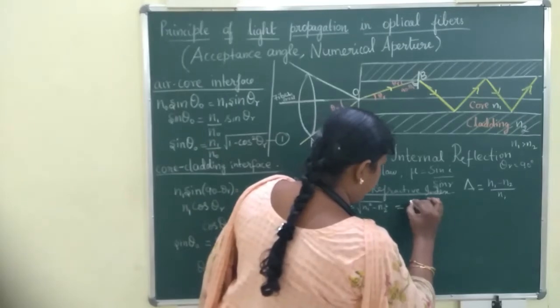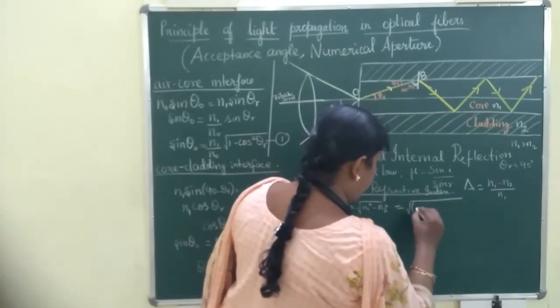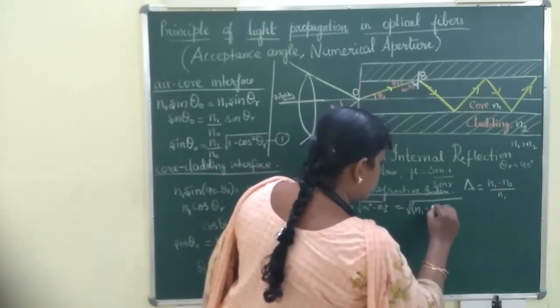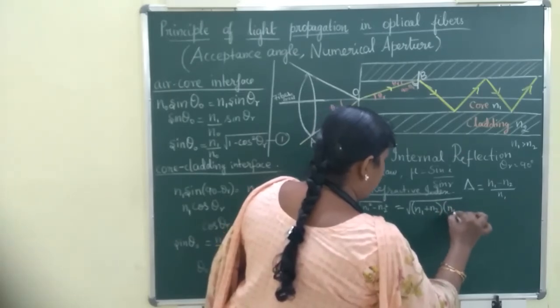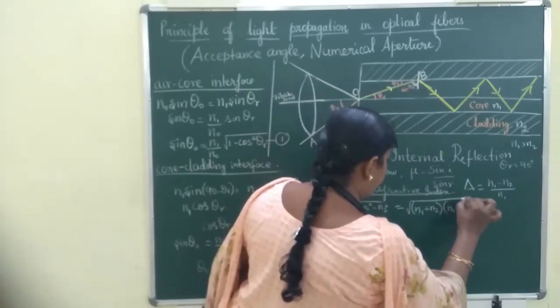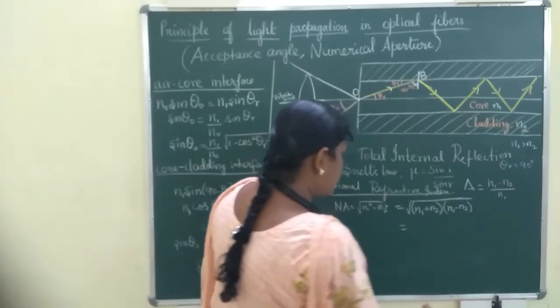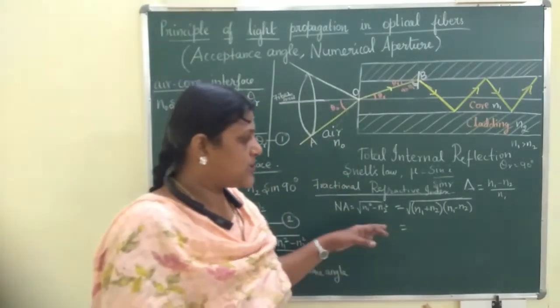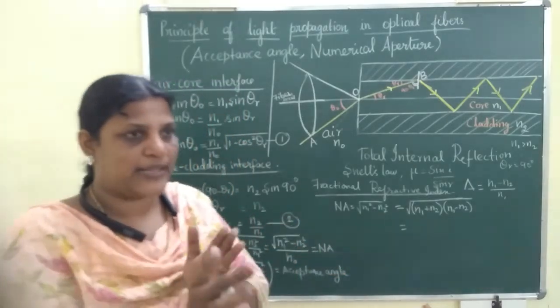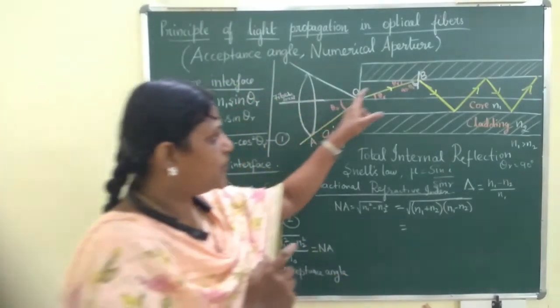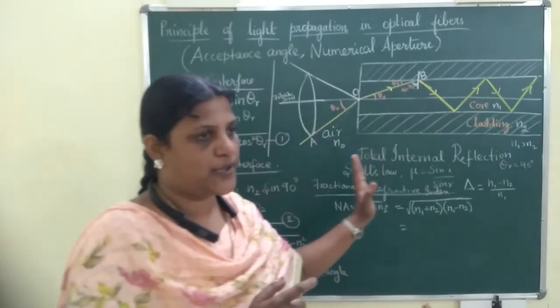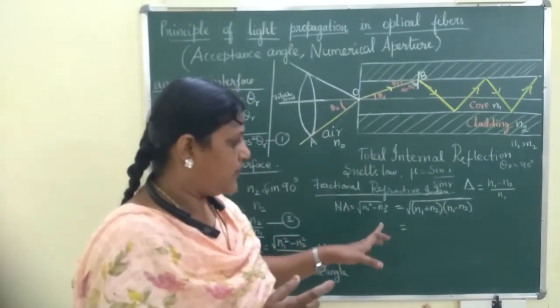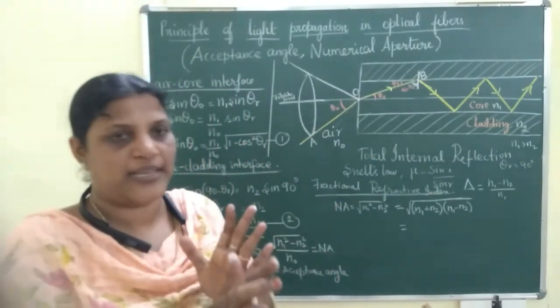So இது a plus b into a minus b எழுதிக்கலாம். So n1 plus n2 into n1 minus n2. Okay, so already we have studied that n1 வந்து கொஞ்சமாவது கிரேட்டரா இருக்கணும் n2 ஓட, அப்பதான் இந்த total internal reflection வந்து நடக்கும். And also actually இது approximately equal-ஆ இருக்கும்.